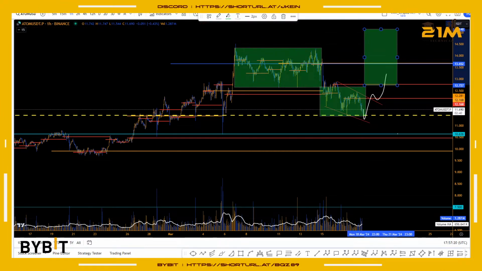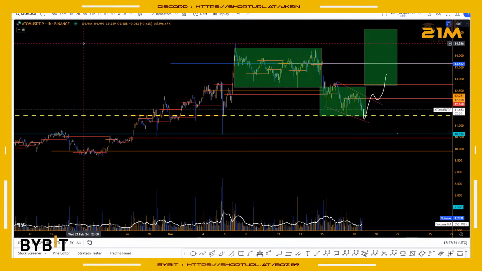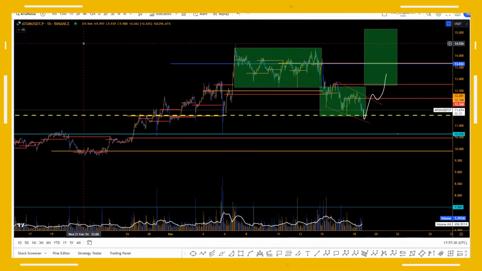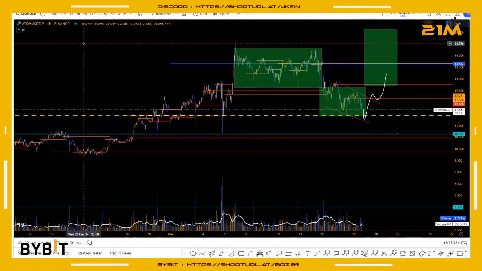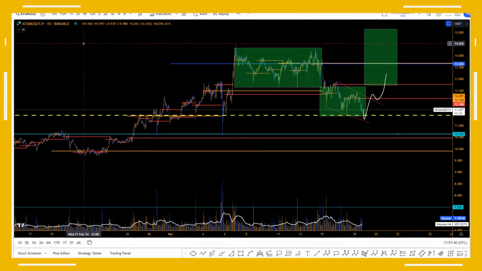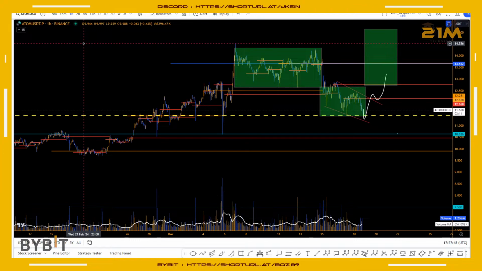Let's see how things play out. Atom really needs some serious pump, actually. The levels are such and the intensity is such over here on Atom. If this level fails and 11.2 fails to hold, Atom is literally going towards 10, maybe even 9.5, and it's going to accelerate very quickly.